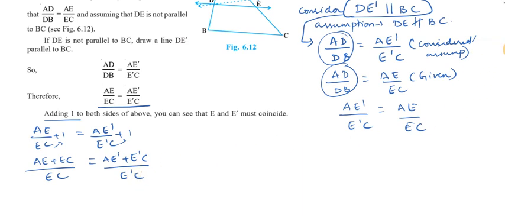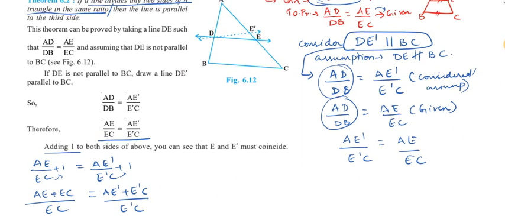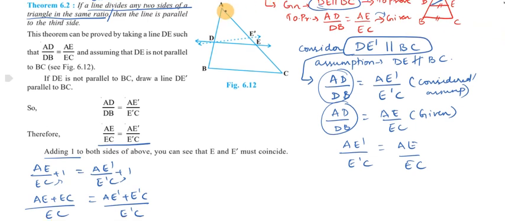Now compare the diagram with this statement. See, we have our A here. So AE plus EC is what? This is going to be AC. Likewise, AE dash plus E dash C is also equal to AC.